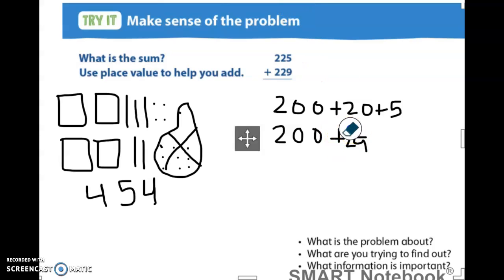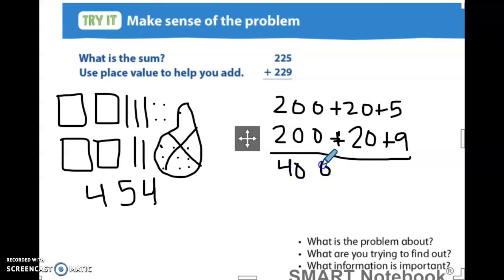Let me try that again. Plus 20 plus 9. Which should give you 400 plus 40 plus 14.